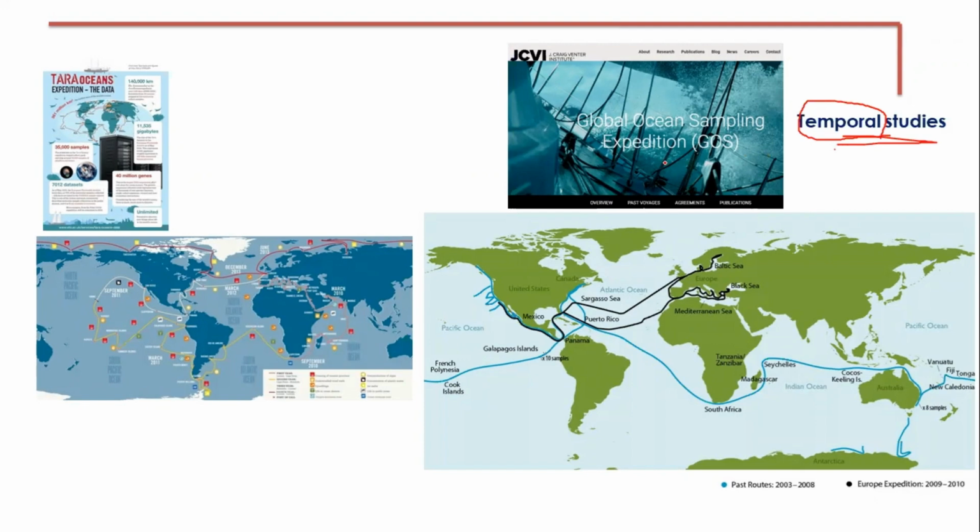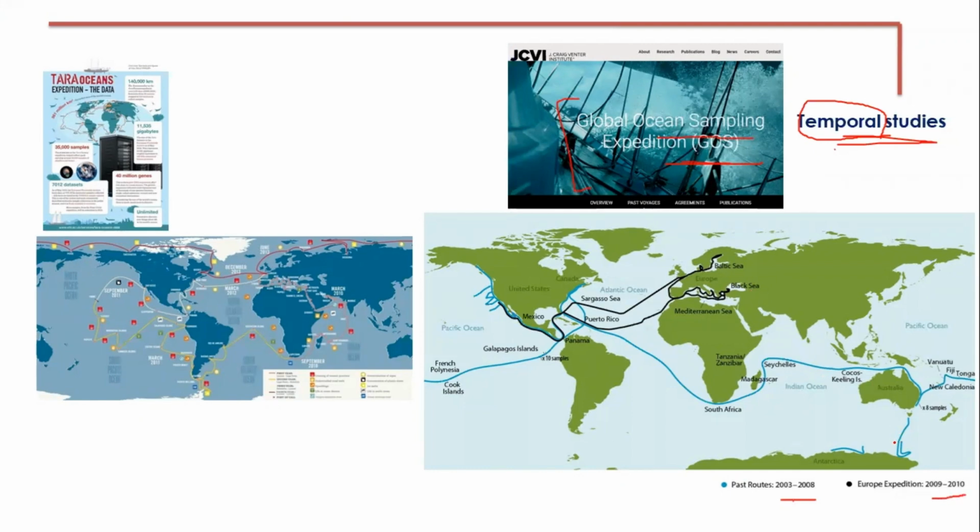A number of expeditions are going, as it went for Darwin, right? Similarly, especially focusing on the marine microbes, there is the Global Ocean Sampling Expedition. Again, this one was promoted by Craig Venter, right? And you can see that from 2003 to 2008, and then 2009 to 2010 in Europe.